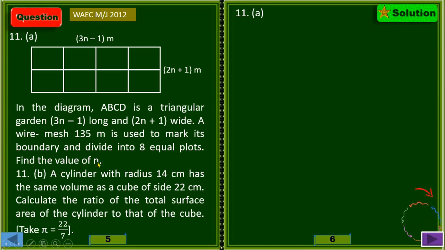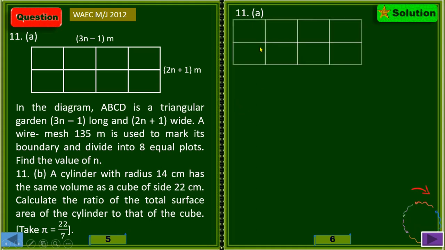Find the value of n. 11b. A cylinder with radius 14 centimeters has the same volume as a cube of side 22 centimeters. Calculate the ratio of the total surface area of the cylinder to that of the cube. Take pi as 22/7. Now let's see how we can solve this question together.